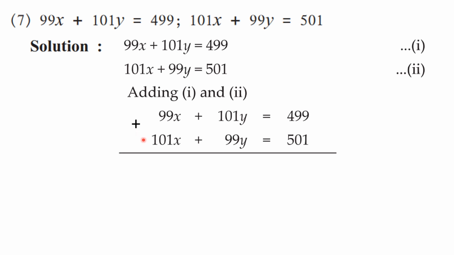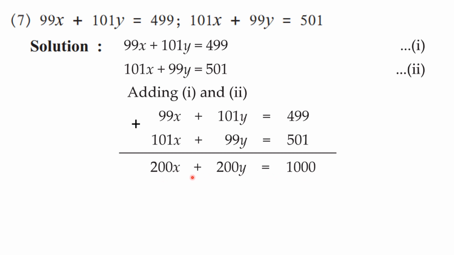Now let's add the coefficients. 99 plus 101, we get 200x here. Again, 101 plus 99, we get 200y. And if we add 499 and 501, we get 1000. After adding we got this equation, but we can simplify it further.